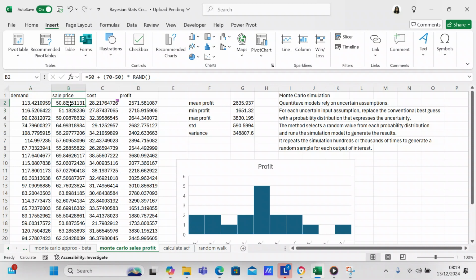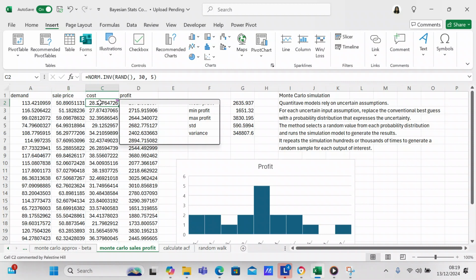RAND produces a random number between 0 and 1. So 50 plus 20 times a random number, and that's going to be your sales price. And it's going to go all the way up from 50 to 64.